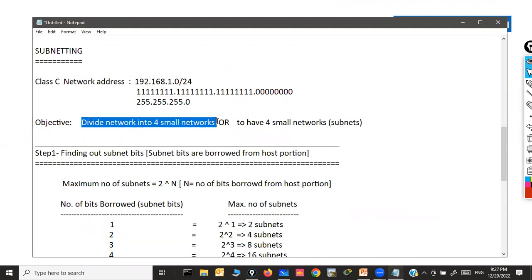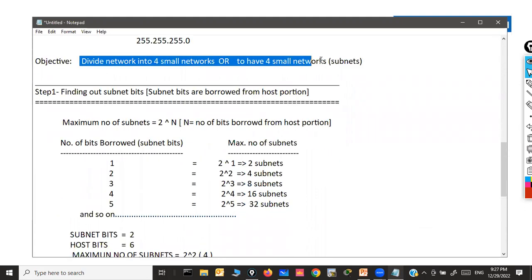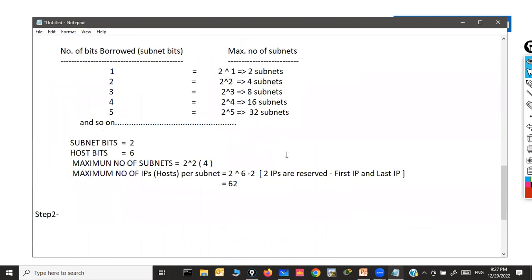It's a fixed requirement. I took 4 small networks, but it can be 16, 10, 20, 30, any number. Based on the requirement, I chose subnet bits 2 and host bits 6. This way there are 4 subnets in total, and each small subnet has 62 IPs.